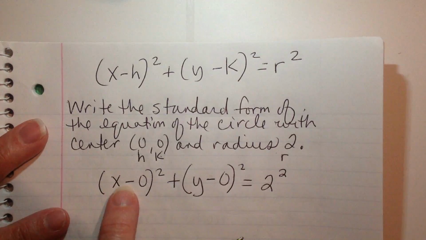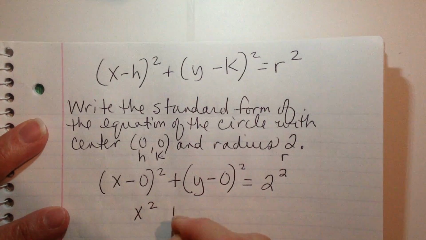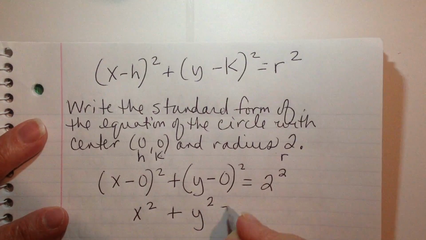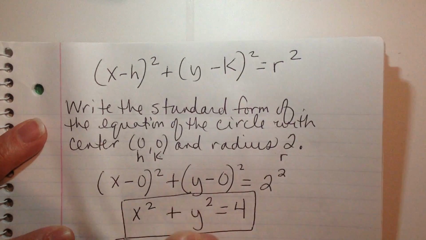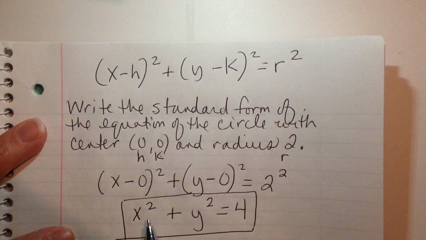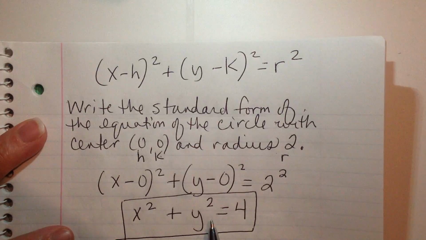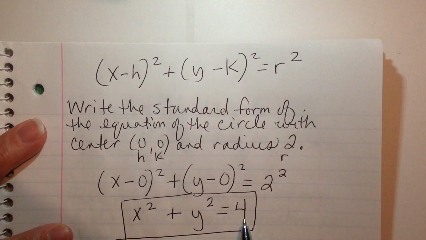Now, x minus 0, we can't subtract off 0, so we end up with just x squared, plus y squared equals 4. So that would be your final answer to this problem. This is the standard form of the equation of a circle with center (0, 0) and radius of 2. We took 2 and squared it and got 4.